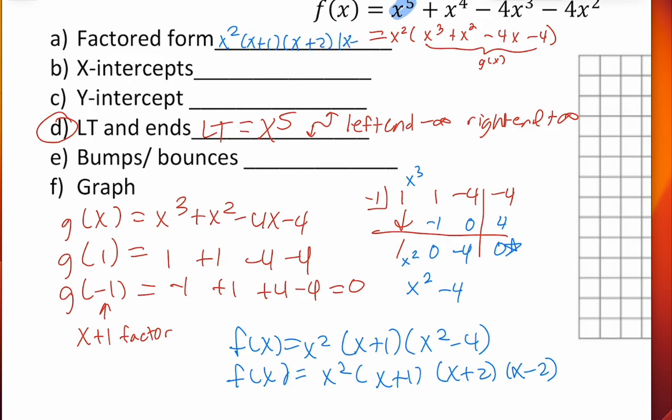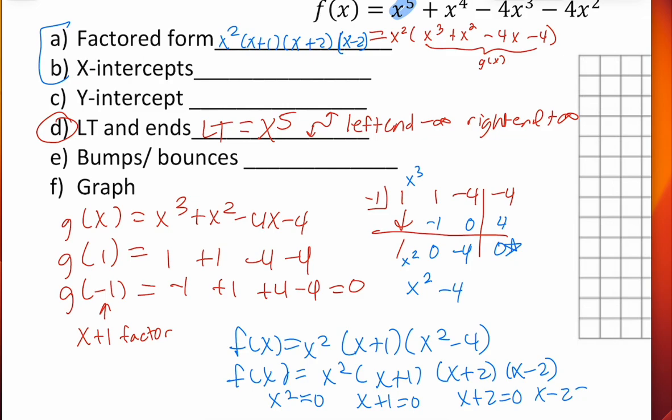And your factors and my factors don't have to be in the exact same order, as long as all of them appear, okay? Now what's great is that factored form gives me my x-intercepts. The x-intercepts are completely dependent upon my factored form. It's just, where is x squared equals 0? Where is x plus 1 equals 0? Where is x plus 2 equals 0?